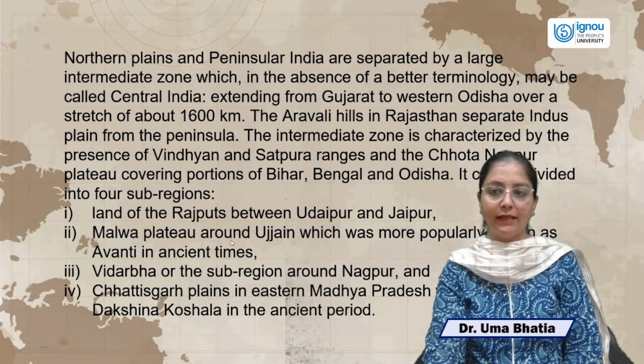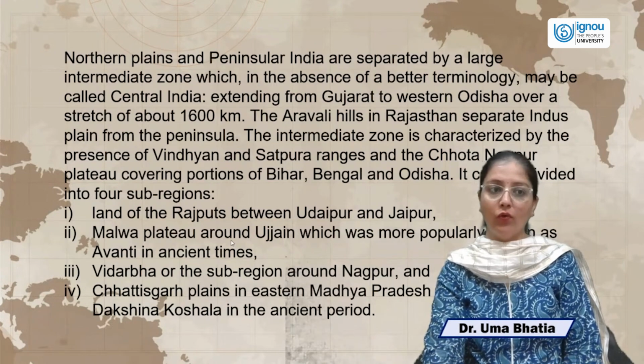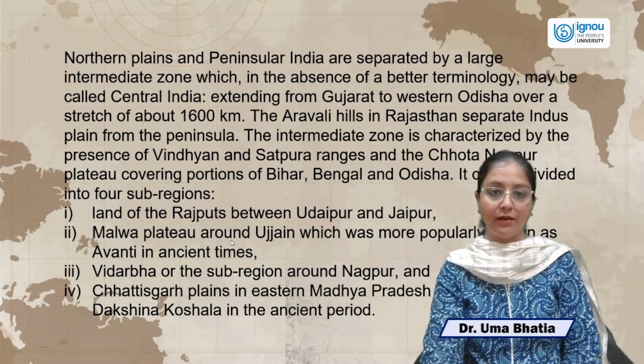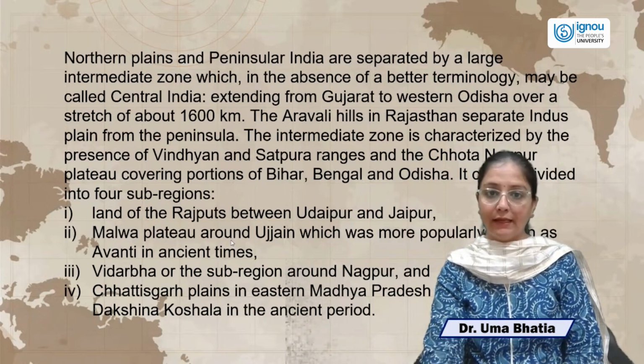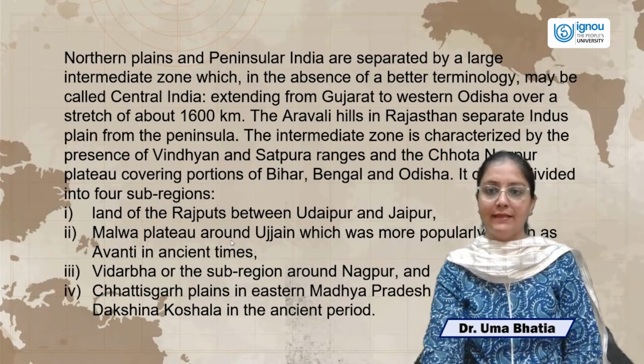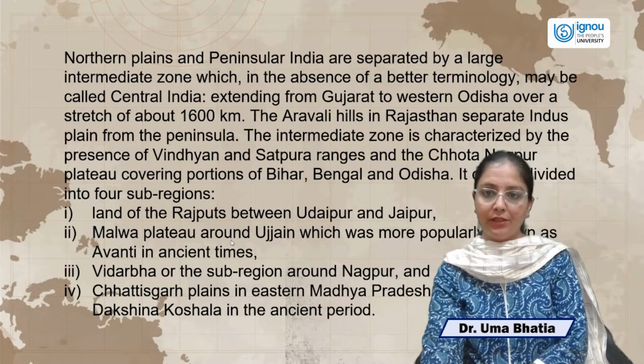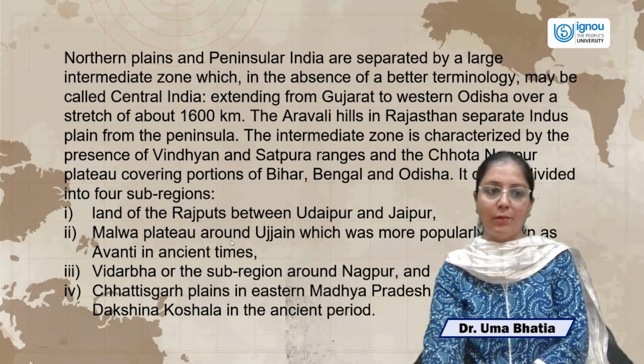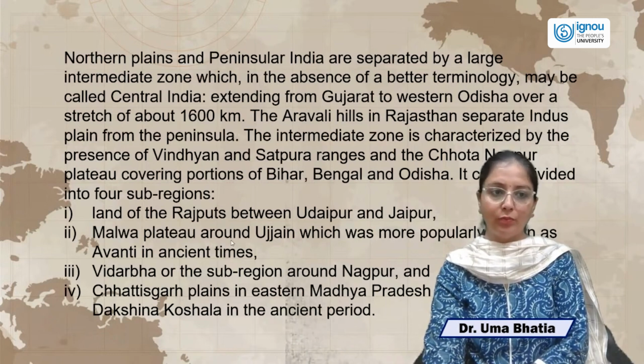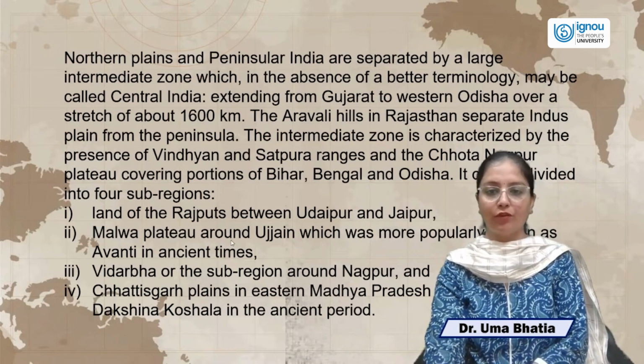It extends from Gujarat to western Odisha over a stretch of about 1,600 kilometers. The Aravalli Hills in Rajasthan separate the Indus Plain from the peninsula. The intermediate zone is characterized by the presence of Vindhyan and Satpura ranges and the Chota Nagpur plateau covering portions of Bihar, Bengal, Odisha.